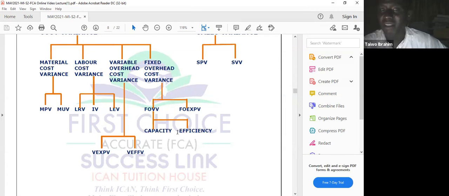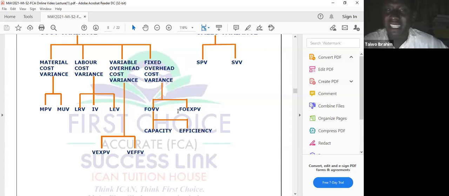Efficiency is talking about how many hours we envisaged to produce and how many are the actual hours. That's efficiency. So capacity variance and efficiency variance are variances that you express in hours of production, and they are the subdivisions of the fixed overhead volume variance.